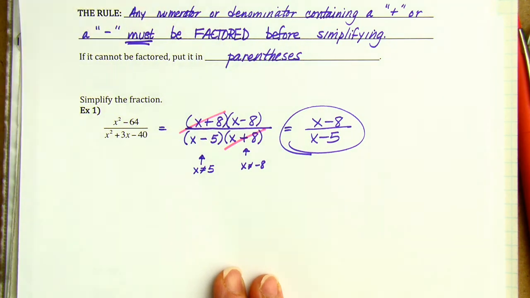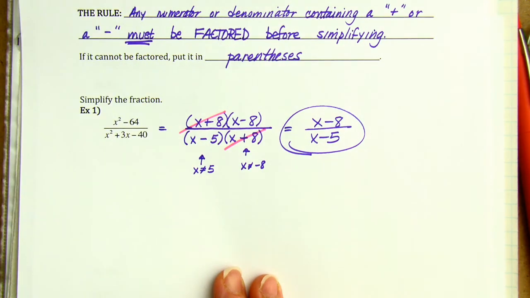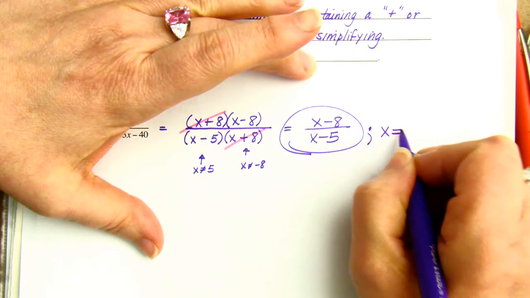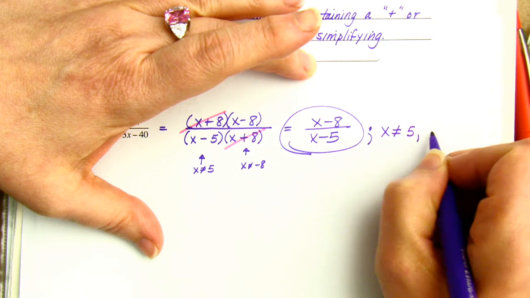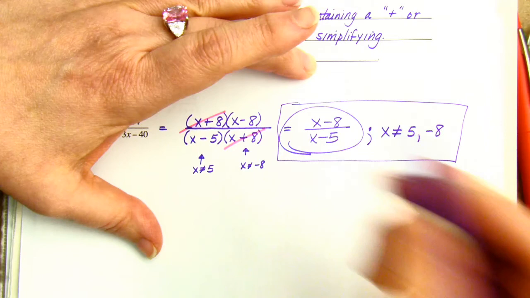So how do you find your restrictions? Well, it's just like you're using ZPP when we were equation solving. All right? So part of the answer here is x cannot equal 5 or -8. So this is my big answer, my final answer.